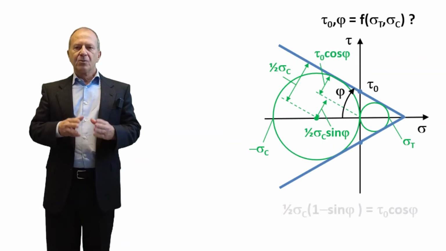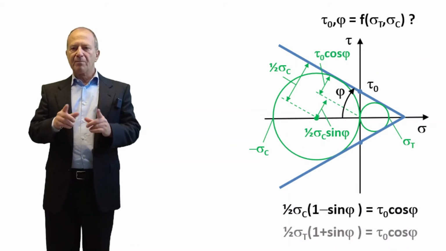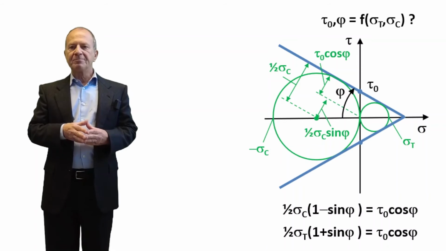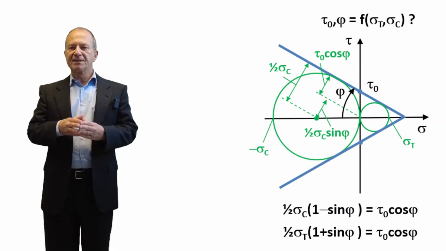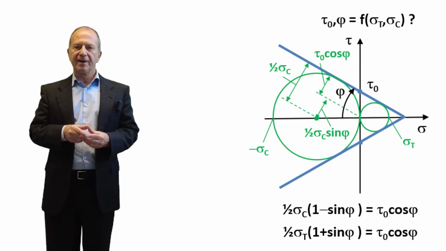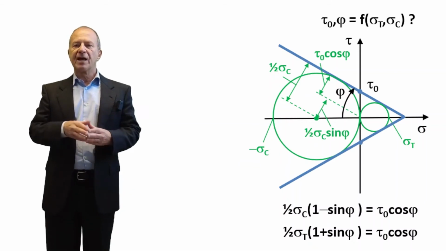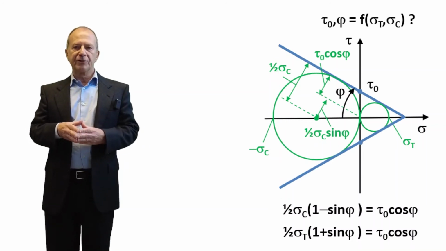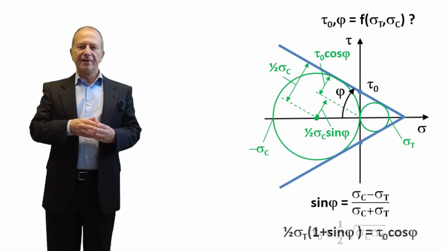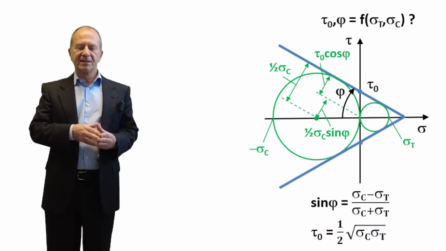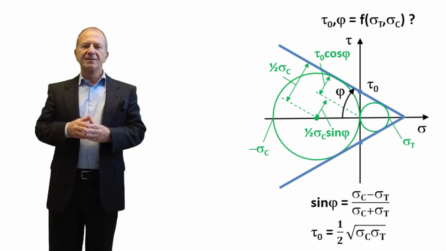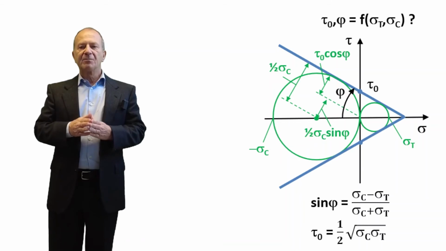We find that 1/2 of sigma c times 1 minus the sine of phi is equal to tau 0 times the cosine of phi, and similarly that 1/2 of sigma t times 1 plus the sine of phi is equal to tau 0 times the cosine of phi. If we solve for phi and tau 0, we get that the sine of phi is equal to sigma c minus sigma t divided by sigma c plus sigma t, and that tau 0 is equal to 1/2 of the square root of sigma c times sigma t.